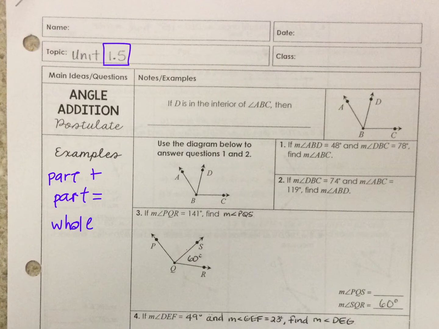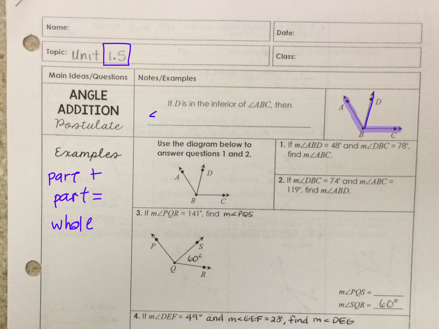And the rule is that if this line right here, this D, is the interior, meaning it's inside angle ABC, so do you see how D is inside that angle?